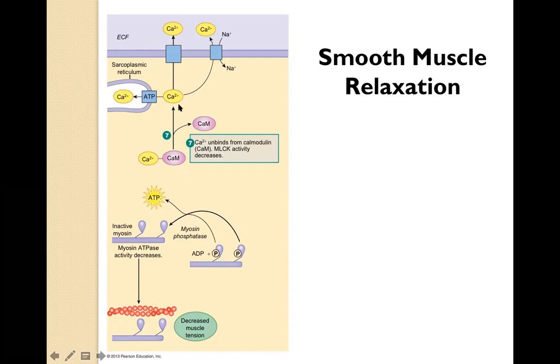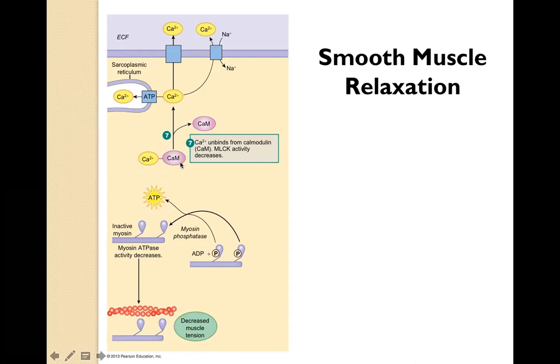But that low calcium on the inside of the cell allows for the calcium calmodulin complex to dissociate. And so calcium will unbind from the calmodulin because there's less calcium on the inside of the cell. And think of it like a chemical reaction.